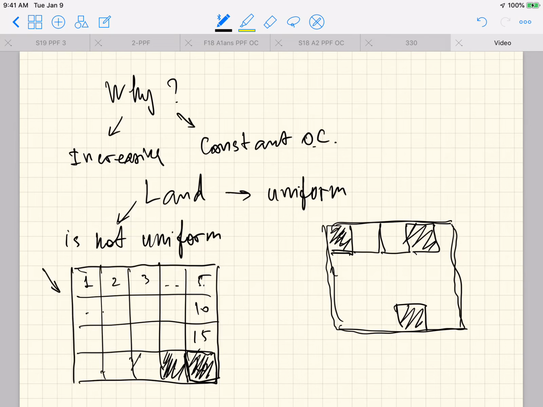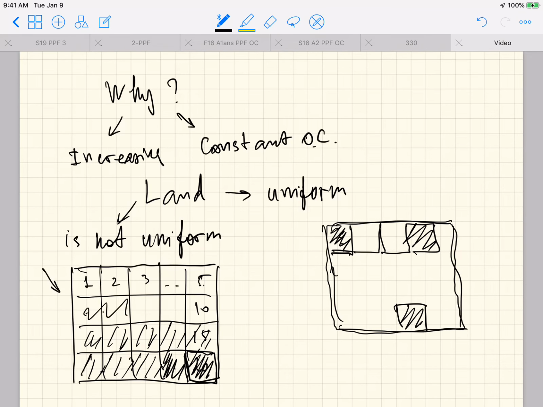So as you keep going, taking out one piece after another, you're losing increasingly more. And that's the way you want it to be, because you don't want to take the best piece out of agricultural use. So that's why every time you take out a piece of land for industrial use, you're losing increasingly more in terms of agricultural produce.